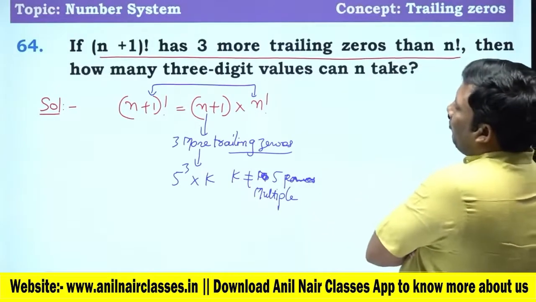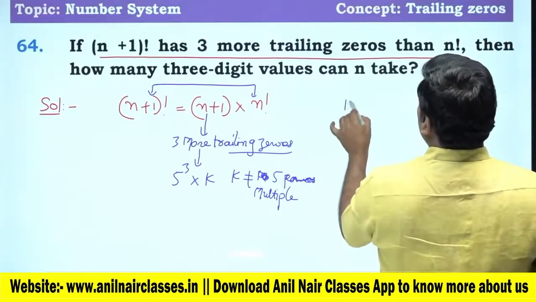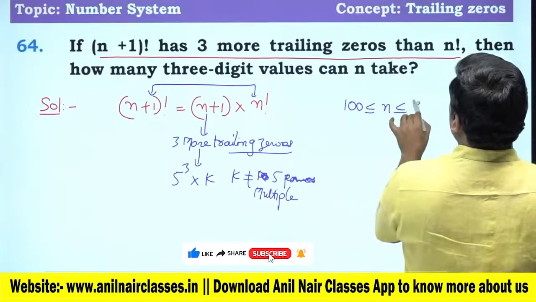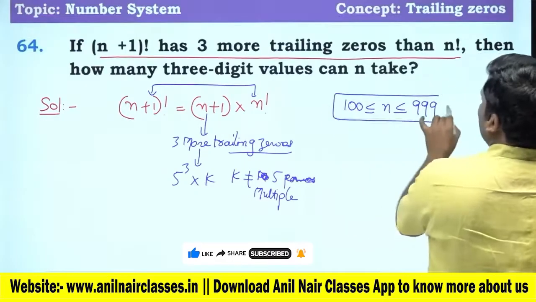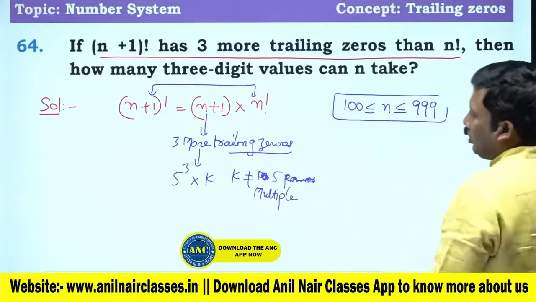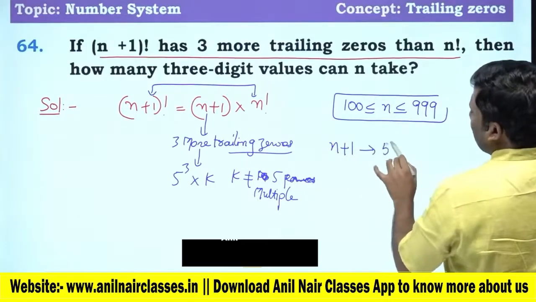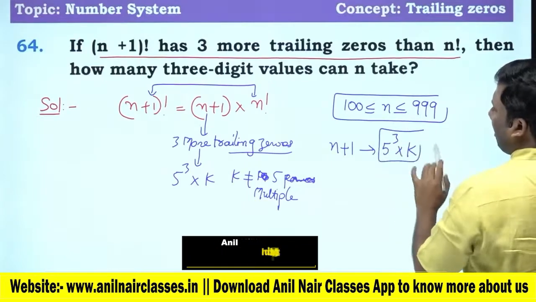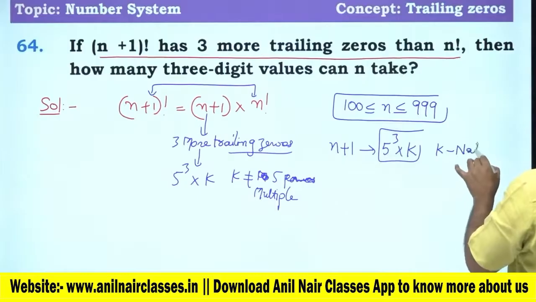How many 3-digit numbers can n take? How many 3-digit numbers, 100 less than or equal to n less than or equal to 999? So n plus 1 is giving you 3 more trailing zeros, so it has to be of the form 5 cube into k, where k is a natural number.